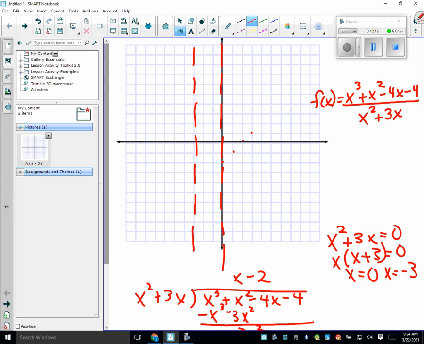So that means my asymptote looks like this. Remember, y equals mx plus b? The slope is up 1, right 1. So this is what it looks like.